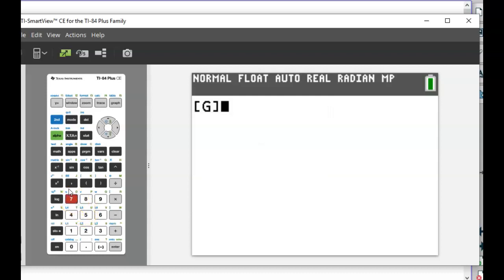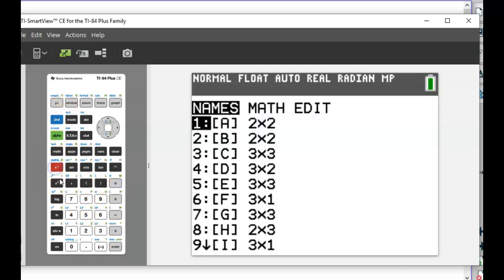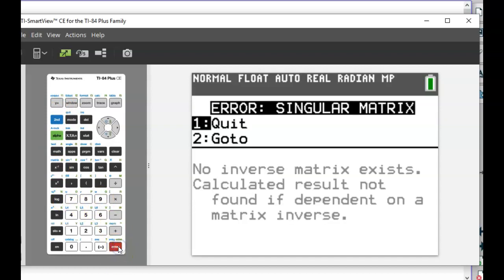Number 7 to the -1 times, I may have put it in, I don't know, it's the right size at least. Is that what you get? Okay. Singular matrix, no inverse matrix exists. Calculated result not found if dependent on a matrix inverse. Okay. So it means there's no solution, okay?